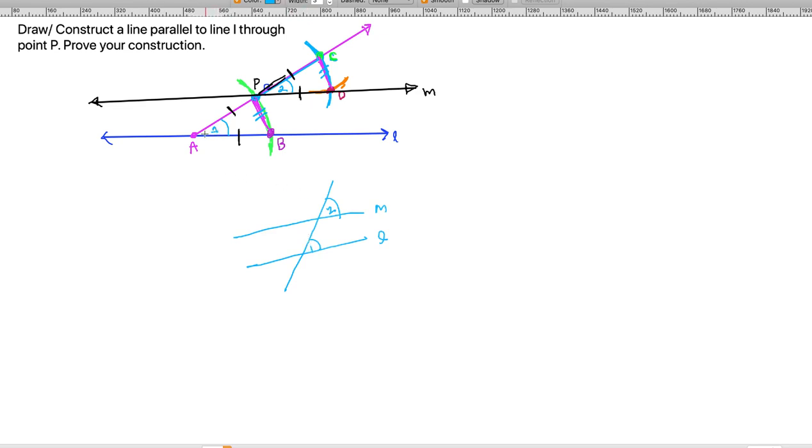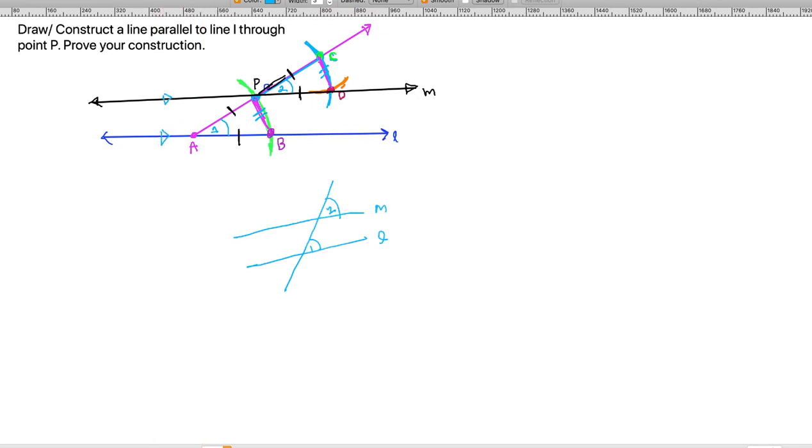So back to this diagram, 1 is congruent to 2 by CPCTC, corresponding parts of congruent triangles are congruent. 1 corresponds with 2 in these two congruent triangles. Therefore, 1 is congruent to 2. And these two angles are corresponding, and if corresponding angles are congruent, then the lines are parallel. And this guarantees that the lines are parallel.